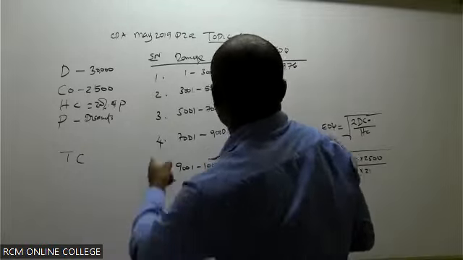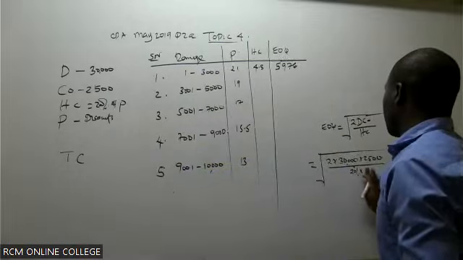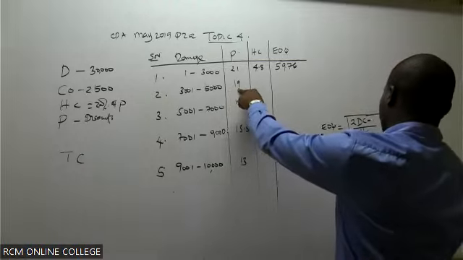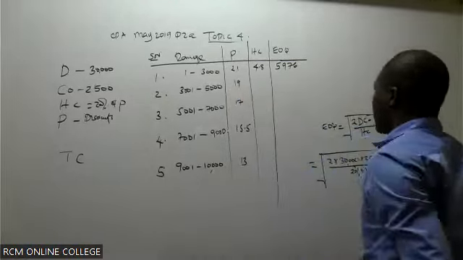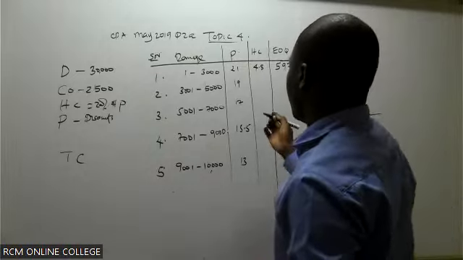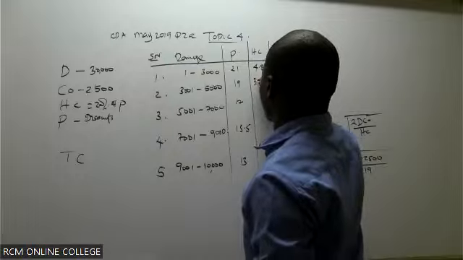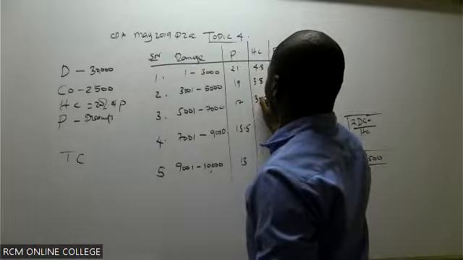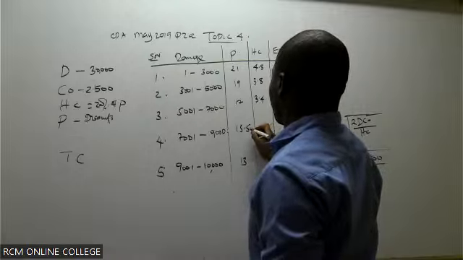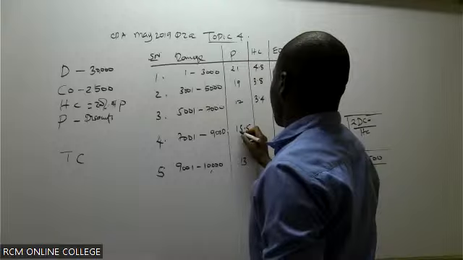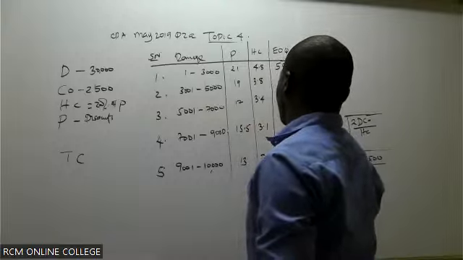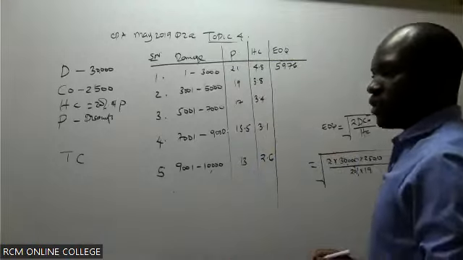Good. How about the second one? I just come here and replace it with 19. So 0.2 by 19. Are you getting 3.8? Please confirm to me.